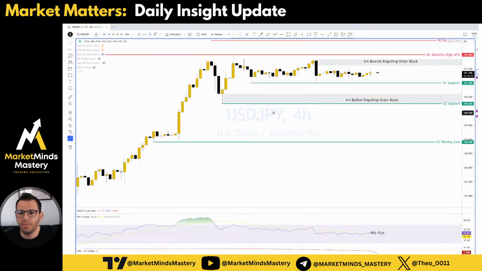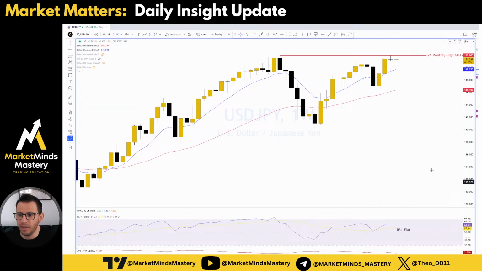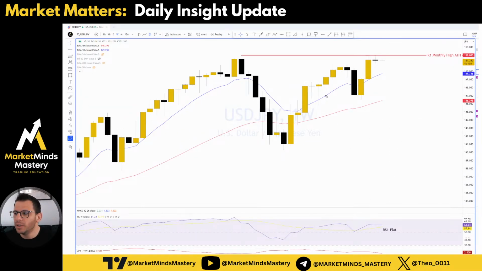Next one, USDJPY, very flat here. What I would like to tell you guys is the weekly price action. Here on the weekly chart, the price made a very small doji candle at the resistance area around the all-time high, just slightly under 152.